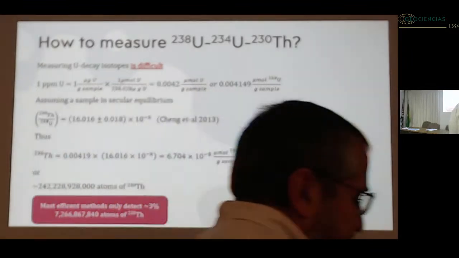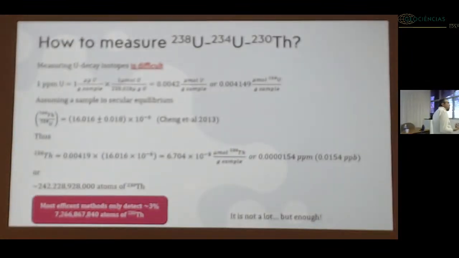If you have a stalagmite with 1 ppm of uranium, which is a reasonably uranium-rich stalagmite, you only have this micromole of uranium-238. But if it's already in secular equilibrium, meaning it has as much thorium-230 as it can have, you can make the calculations and see that you have around this concentration of thorium-230. So this is starting to be very, very low.